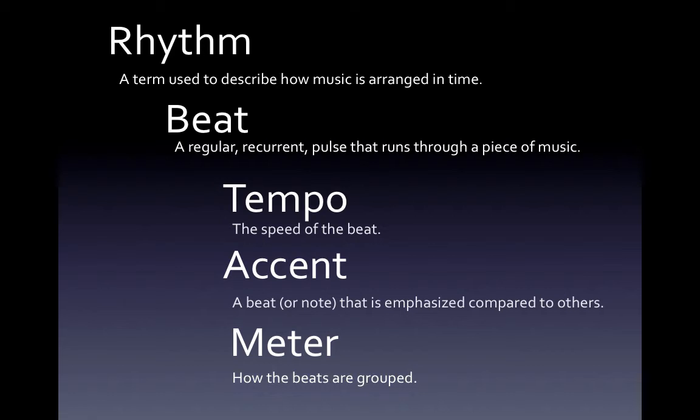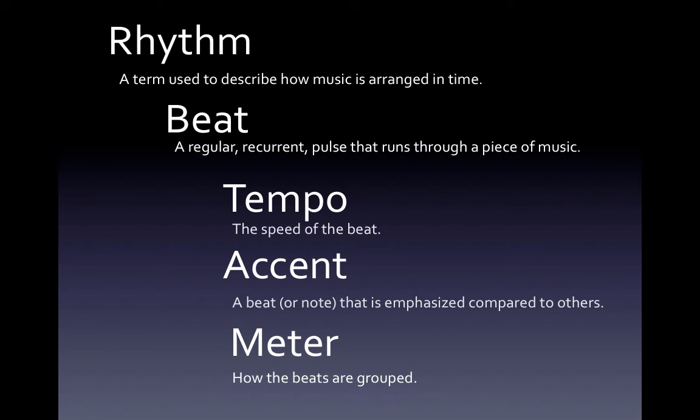Accent: some of those beats that we hear might be emphasized in comparison with others. That creates an accent. And when there's a predictable pattern of which beats are accented and which beats are not, we tend to hear groupings of beats, and we refer to groupings of beats as meter, how the beats are grouped.